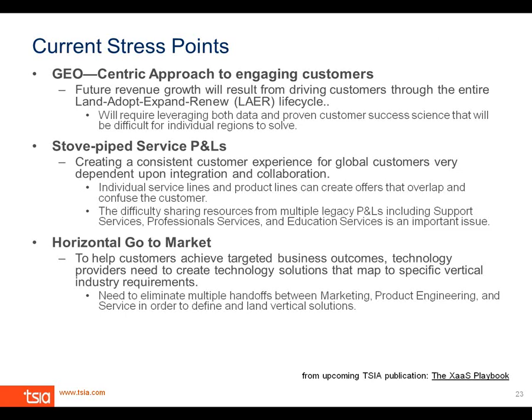The second stress point is what I'll call stovepipe service P&Ls. In order to create a consistent customer experience, the classic structure of a professional service organization or a field or support organization is going to start to blur, and you're going to really require integration and collaboration.